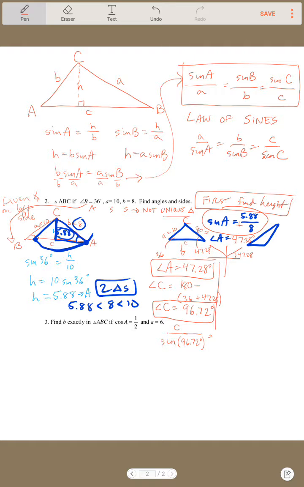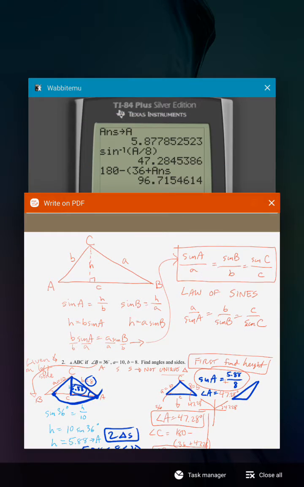I'm just going to go ahead and use the 8 and 36 since that was given to us. That just makes it a whole lot easier to solve, I think. It's less complicated, less room for error. So we're going to do 8 over sine of 36 degrees because that represents side B over sine of angle B. So 8 over sine 36. That just means that if I want to solve for C, I just need to multiply both sides by sine of 96.72. So let's go ahead and do that. 8 over sine 36.